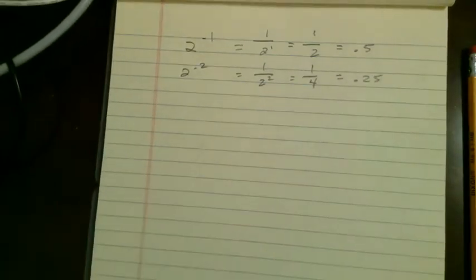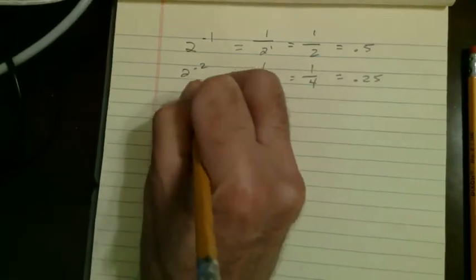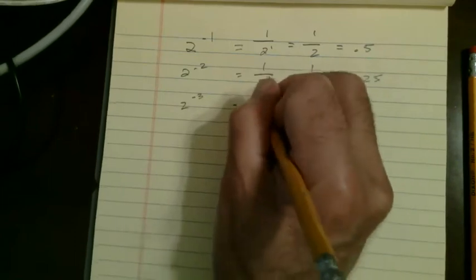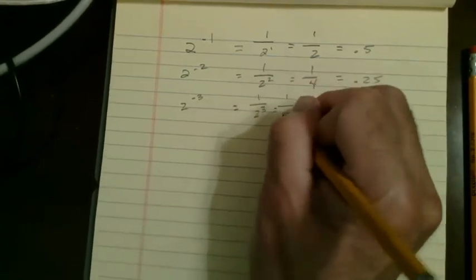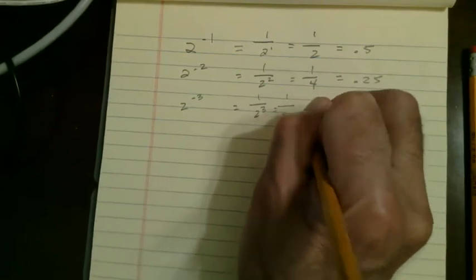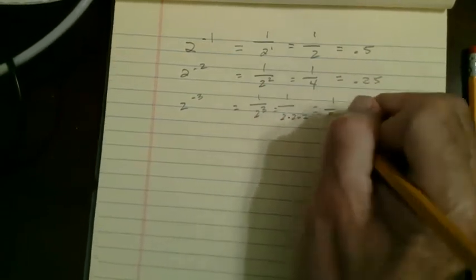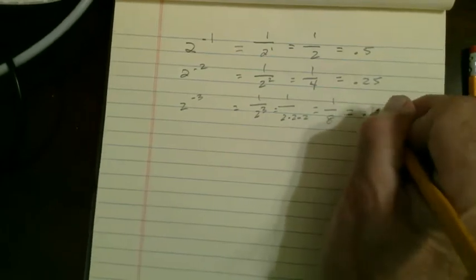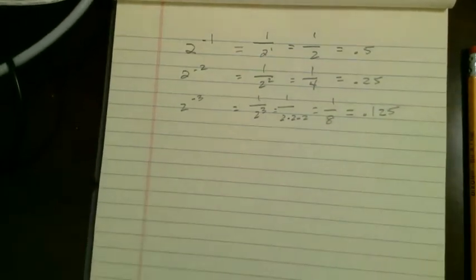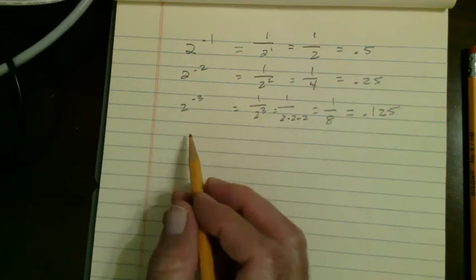It's 1/4. 2 to the negative 3 equals 1 over 2 cubed, which equals 1 over 2 times 2 times 2, which is 1 over 8, which is equal to 0.125. And we can keep on computing out these powers of 2 to negative powers.